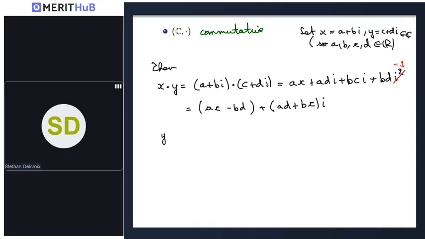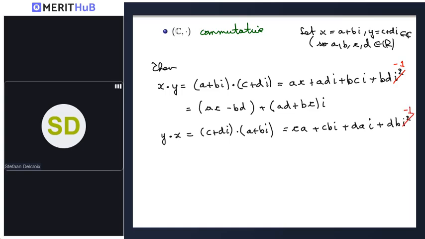Now we look at y times x. c plus di times a plus bi. We do the same thing. We FOIL: c times a plus cbi plus dia, that's da, and then the i in the back, plus dibi, that's dbi squared, and i squared is still -1.